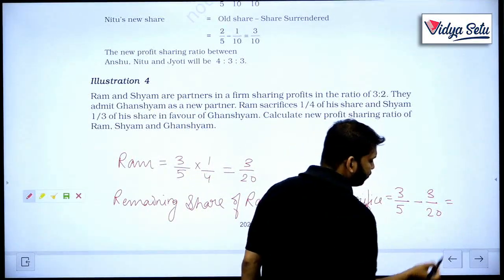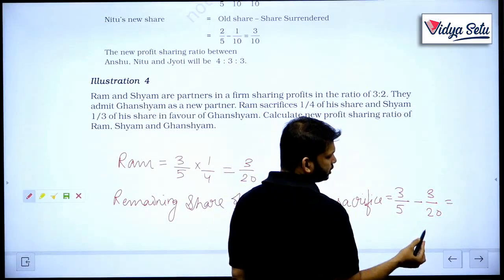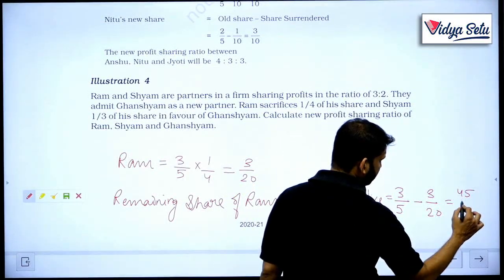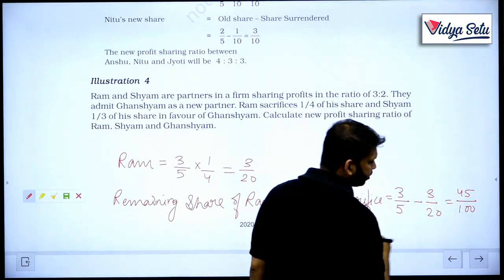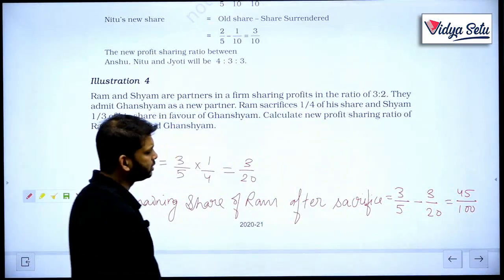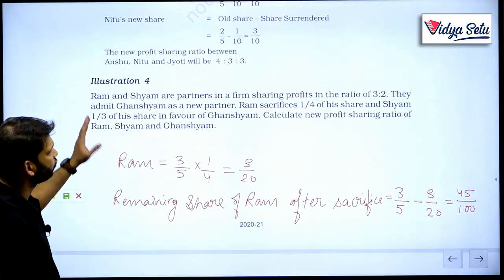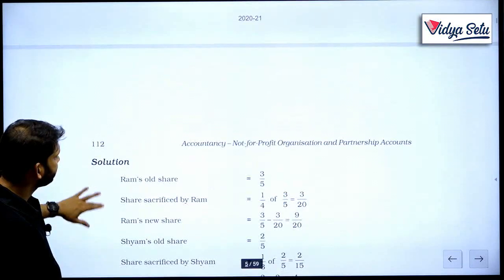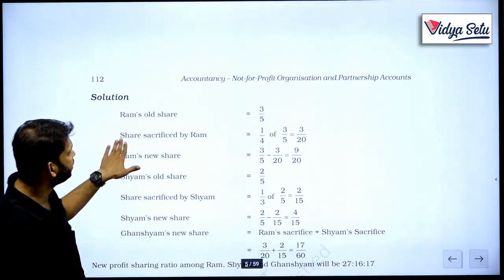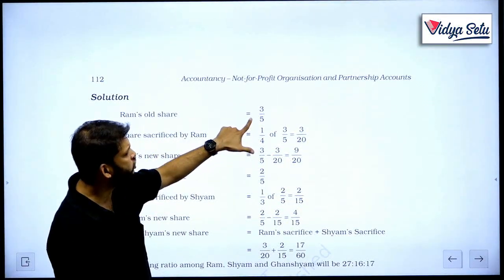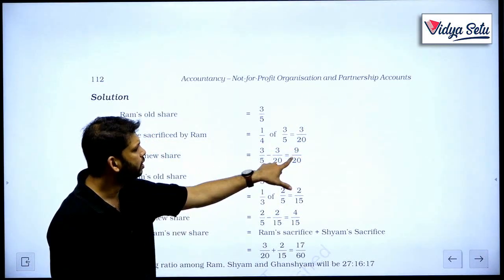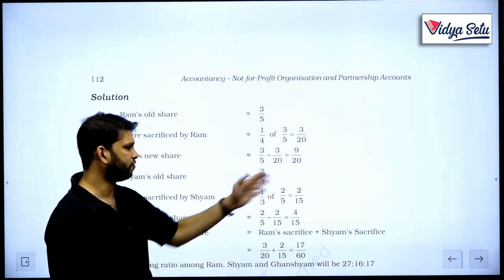So how much is remaining for him? 20 into 3, 60 minus 15, that comes to 45 upon 100. Okay, this is what is remaining. So Ram's whole share was 3 upon 5, and the sacrifice is this much. After sacrificing, 9 by 20 or 45 by 100 is remaining if you solve it.